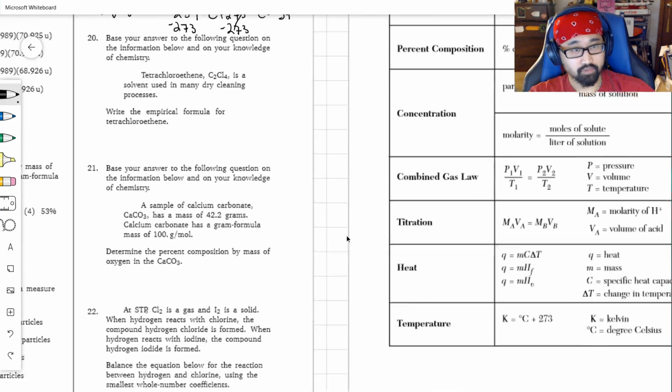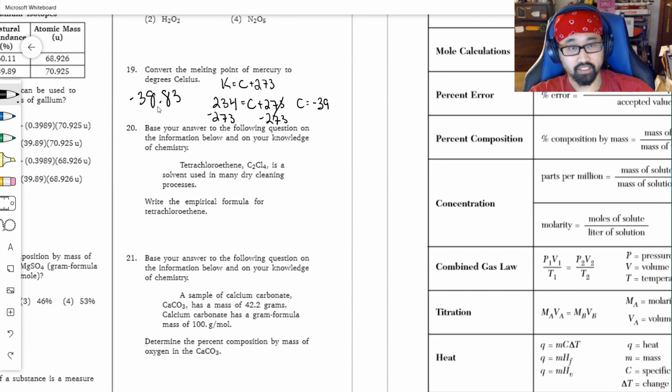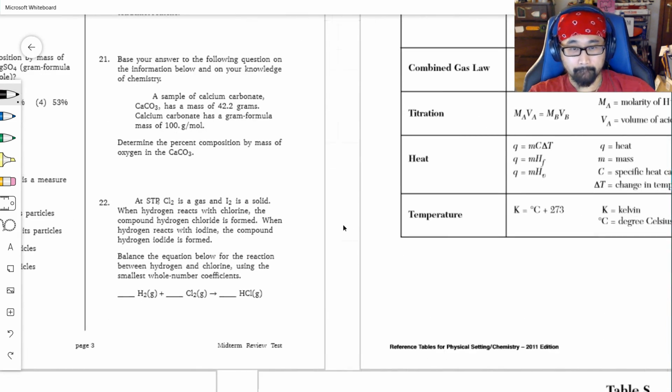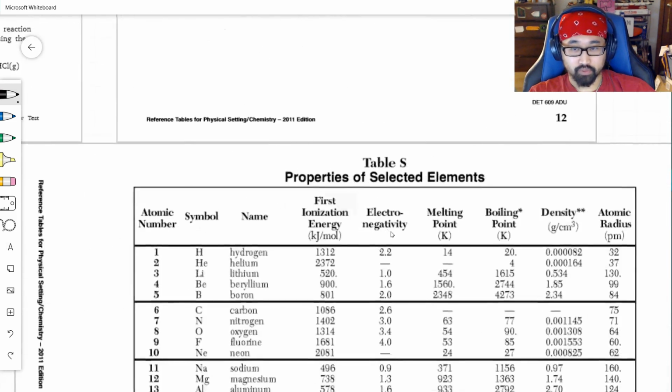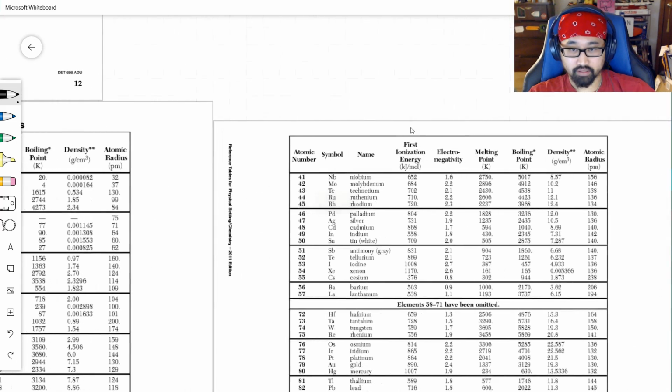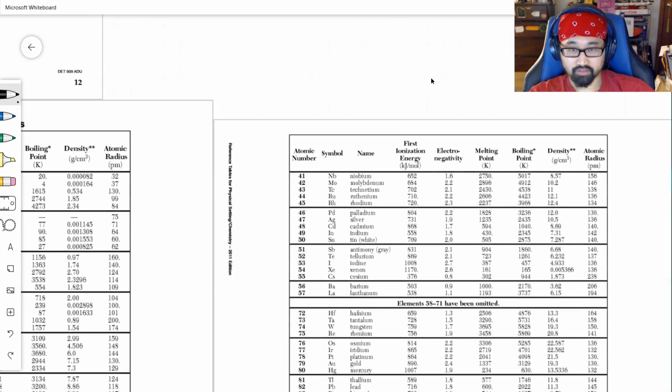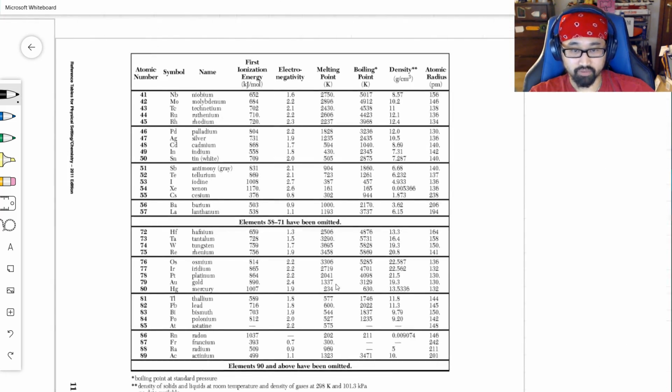But even if I subtracted that, I would get negative 38.85, not 38.83. So okay. Then I thought maybe the melting point has decimal places on it, but it doesn't. It's just 234.